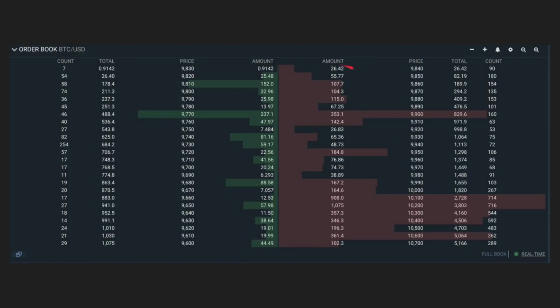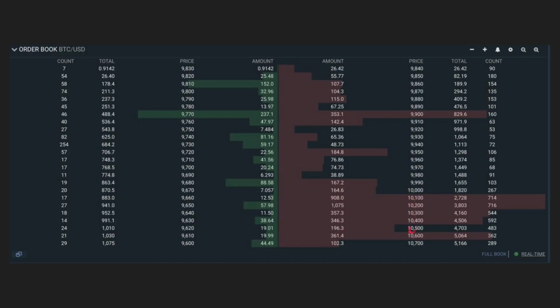If price were to continue increasing, it's going to meet a significant resistance here, because there's so much Bitcoin for sale at this level. Looking forward, it does look like there is an even greater amount of Bitcoin, 908 Bitcoin being sold at $10,100. So that's even another sign of a large sell wall.